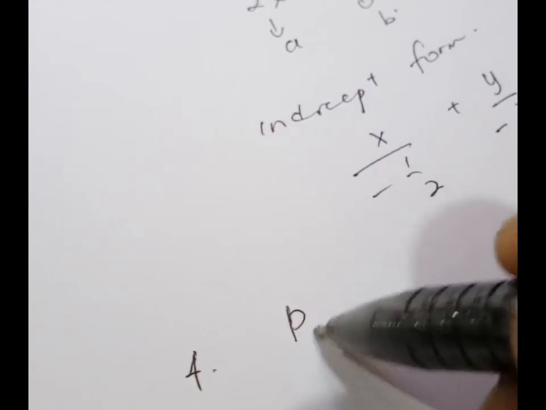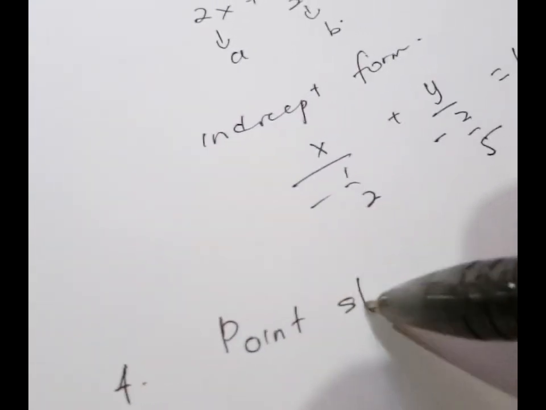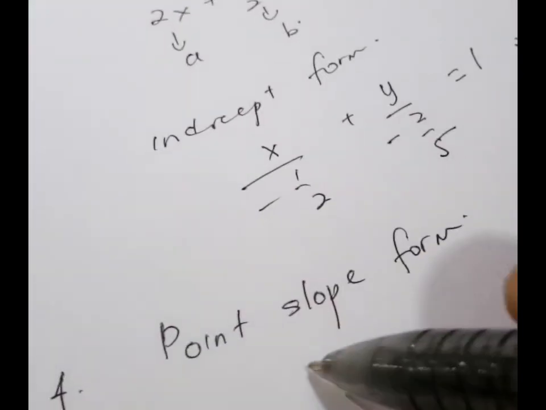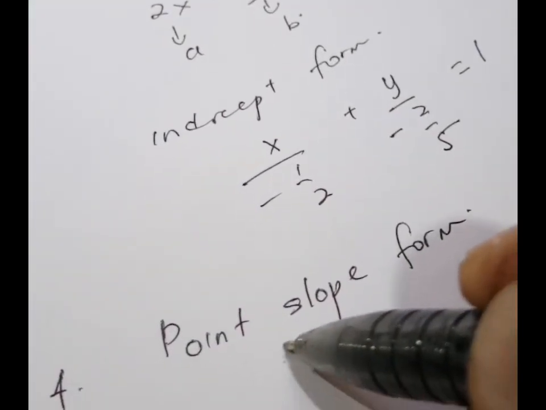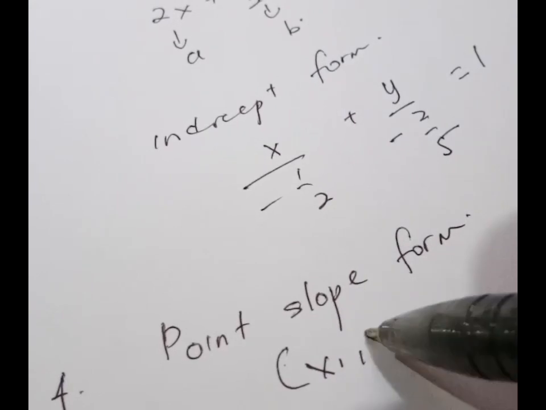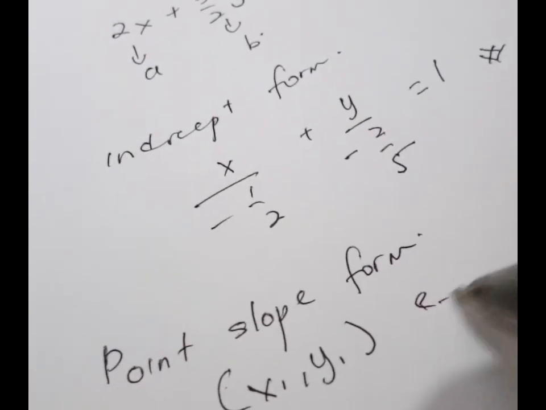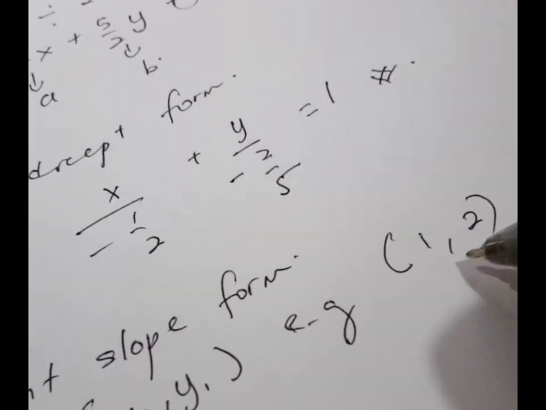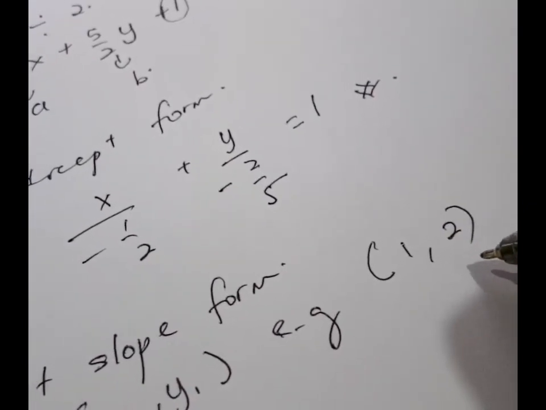Okay, so next, number 4 is point slope form. For point slope form, let's say we are given any point x1, y1. For example, the point 1, 2, where x is 1 and y is 2.